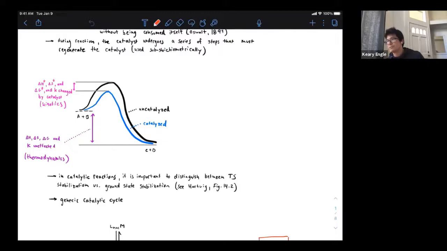This is back to Gen Chem, but it never hurts to remind ourselves of this. So the thermodynamics are determined by the molecular connectivity, as well as things like concentration, pressure, temperature. And then the reaction rate is determined by delta H, delta S.